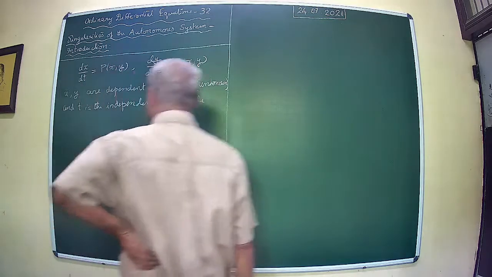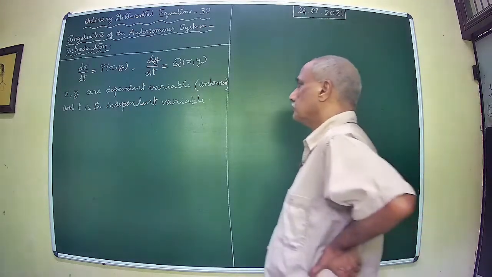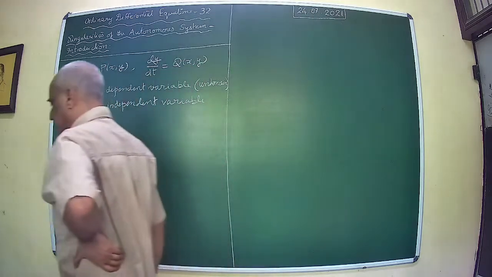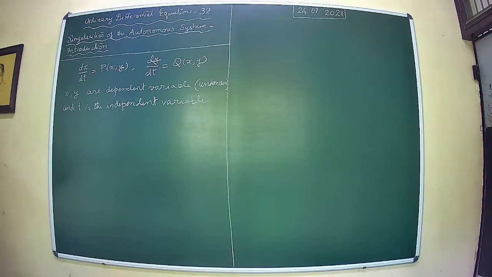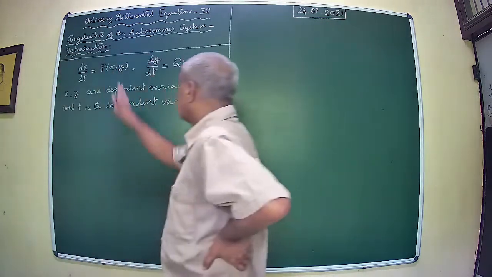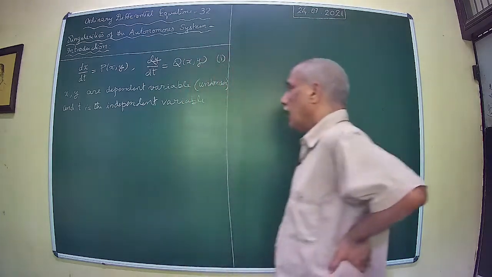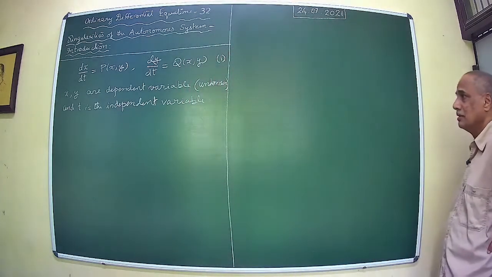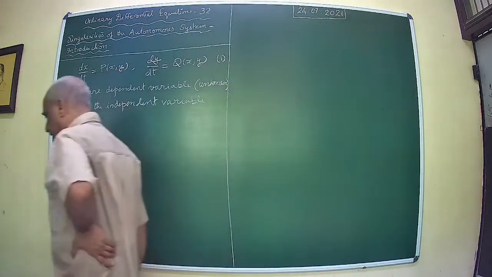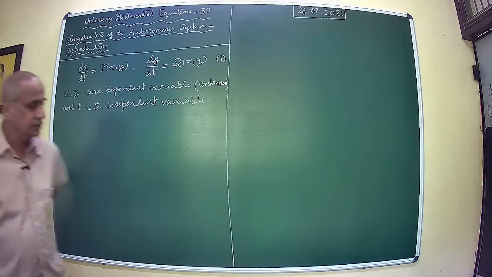Our problem is this: given p and q, the relation connecting the derivative of x, derivative of y with respect to t, and x and y is given by the system 1. Our question is, find the exact dependence of x and y on the independent variable t.